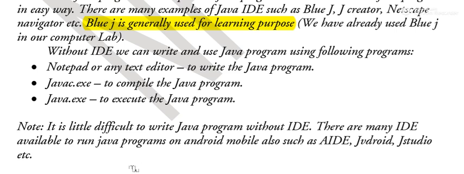There are many IDEs available to run Java programs on Android mobile also, such as AIDE, JDoodle, JStudio, etc. So you can use either BlueJ or any other Java IDE for practice.